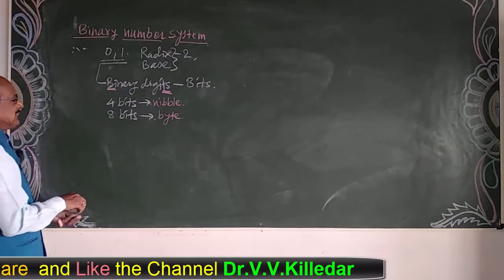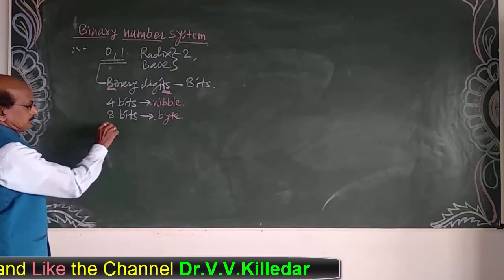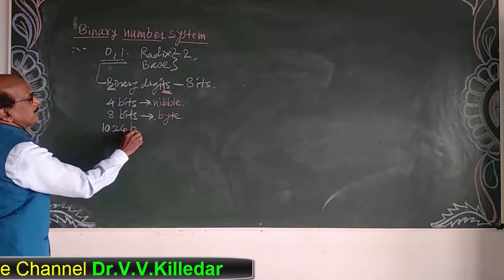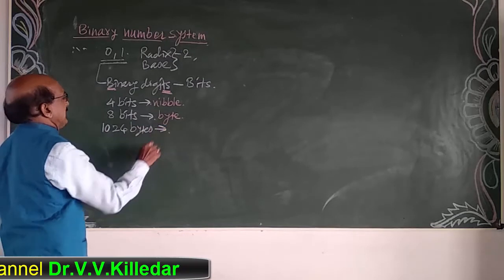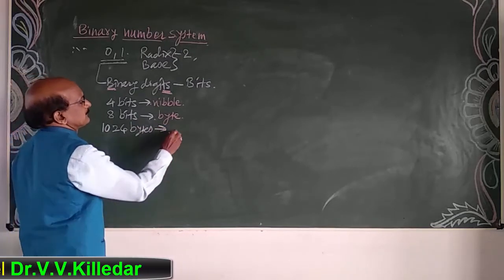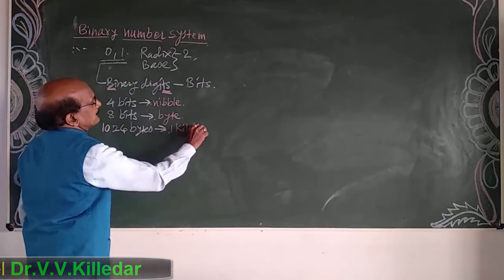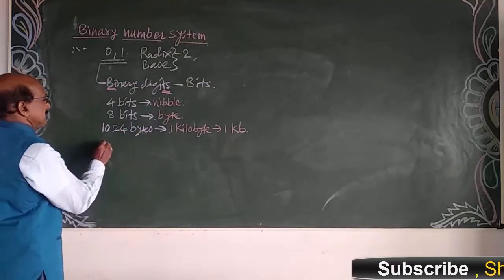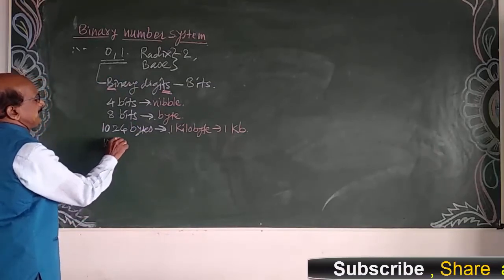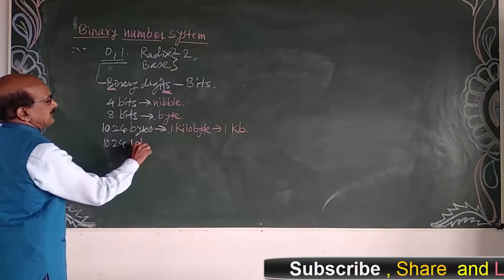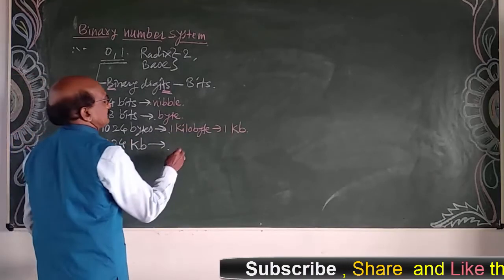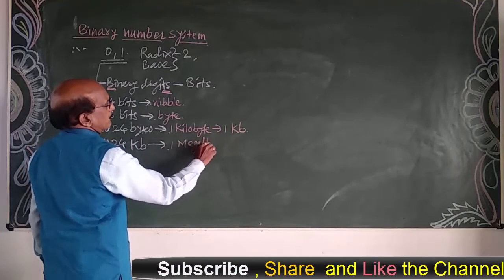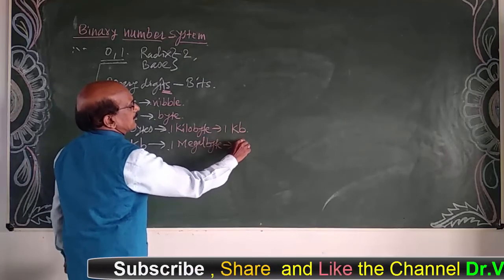If we consider 1024 bytes, it is called 1 kilobyte, or written as 1 KB. Similarly, if we consider 1024 kilobytes, it is called 1 megabyte, or written as 1 MB.